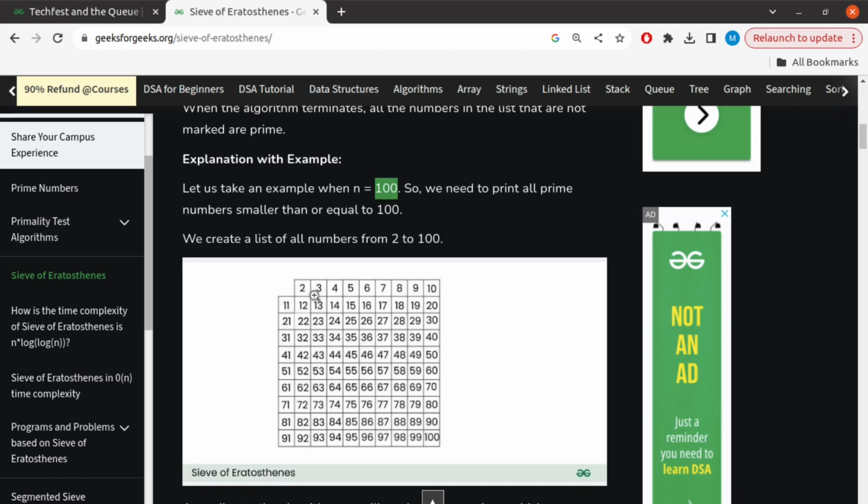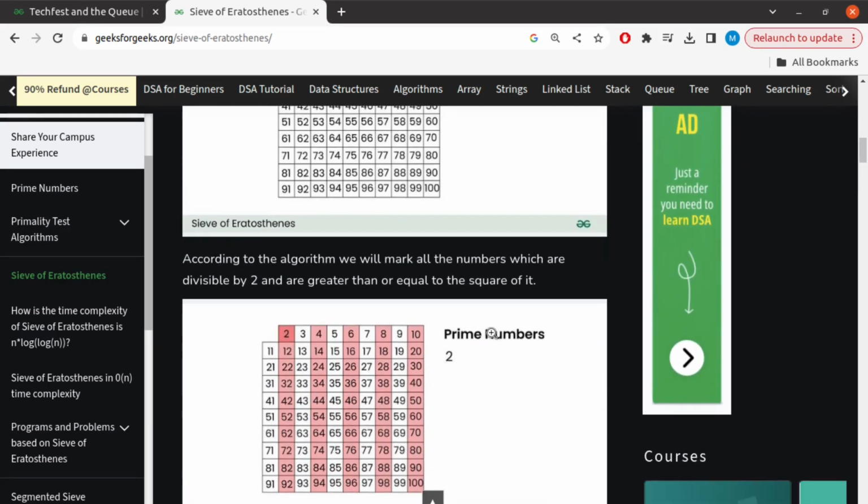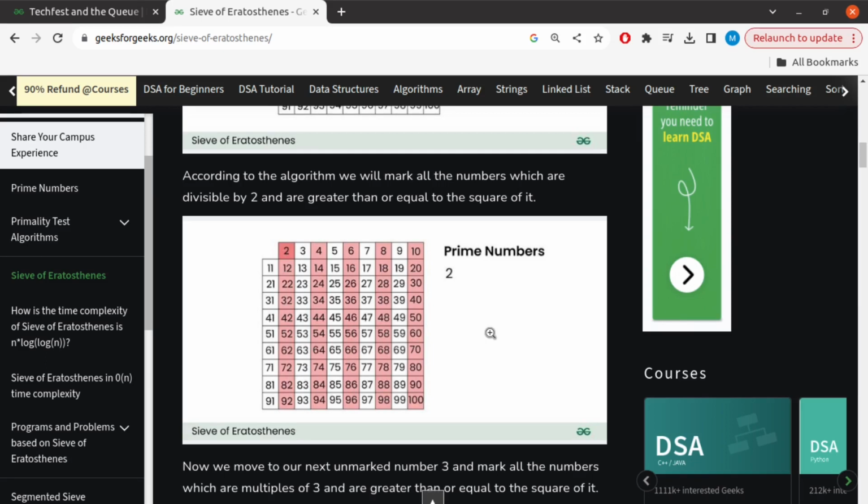So now 2 is a prime number. The next step is to color all the multiples of 2 with a certain color. All the multiples of 2 would be 2, 4, 6, 8, 10 and so on. We are going to color all these numbers; what color doesn't matter.